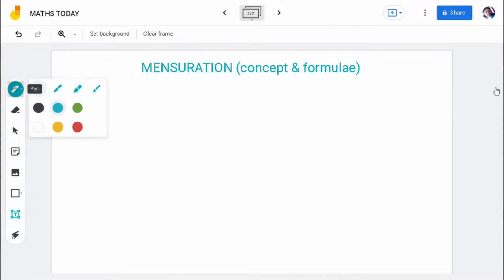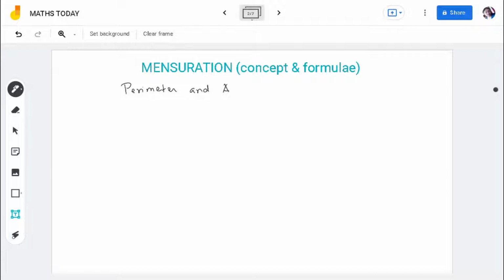So first of all, let's understand the meaning of perimeter and area. Before finding areas and perimeters, we should know the literal meaning of perimeter and area.